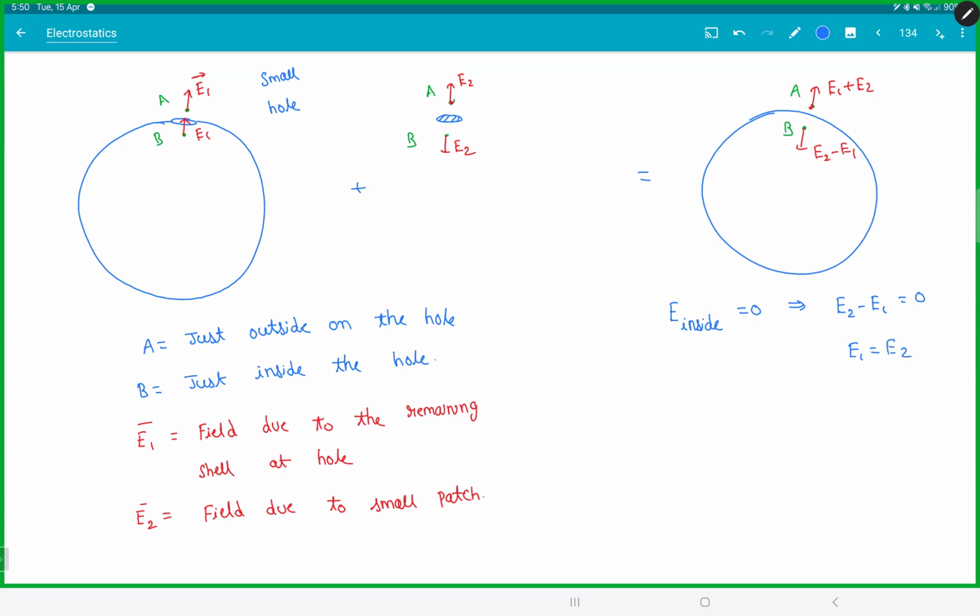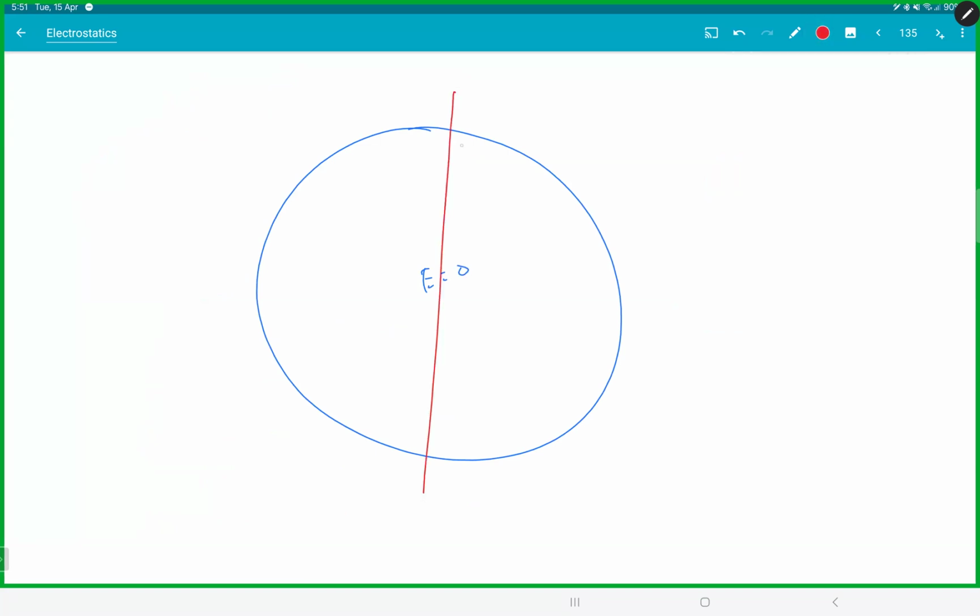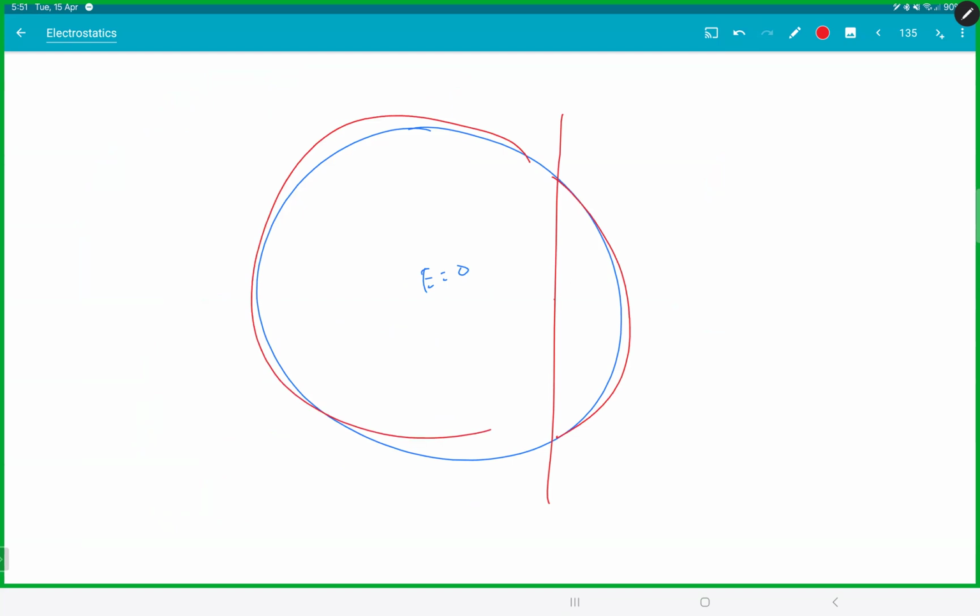Now, all the story that we did is just to prove this thing, see, it kind of makes sense. Think about it. If I take the full shell, the field inside is zero. That means if I cut the shell into two pieces, this left half and the right half are generating the same field at the center. That's why they're canceling out, right? Now, the best part about this, even if you take an unsymmetrical piece, this left half and this big right half are still canceling the field here.